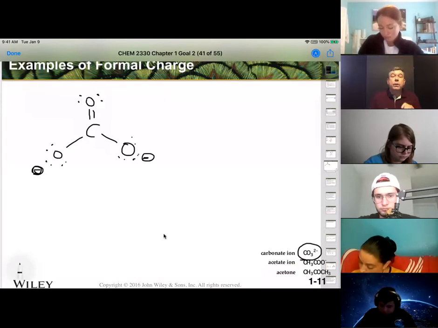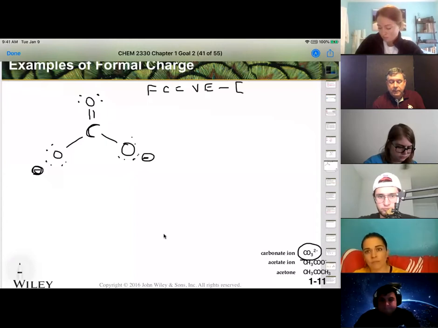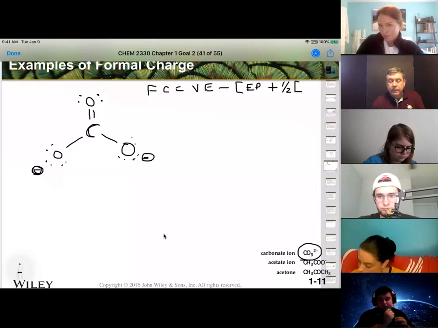But what we're actually going to do is calculate the formal charge for each of the atoms and see whether or not they have more charges than we can see just by looking at it as an ion. Okay, so if we look at the carbon here, the formal charge is equal to the valence electrons minus the unbonded electron pairs plus 1/2 of the bonding electrons.